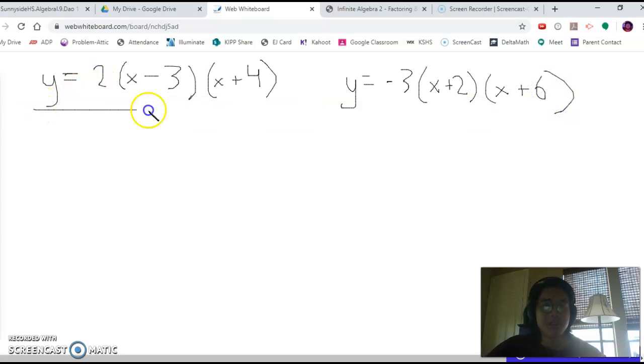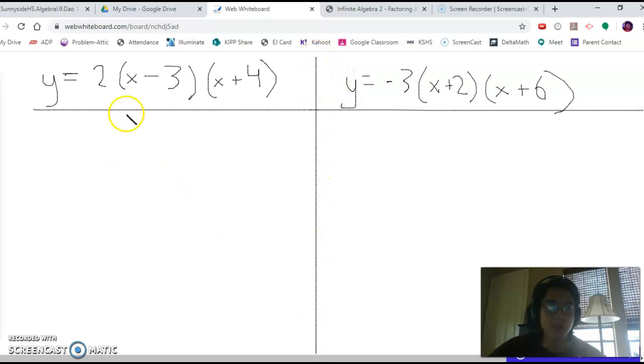So, if I want to figure out my x-intercepts, what we are going to do is set the equation equal to 0, okay? And I told you if the entire thing equals 0, what must each parentheses also equal? 0.